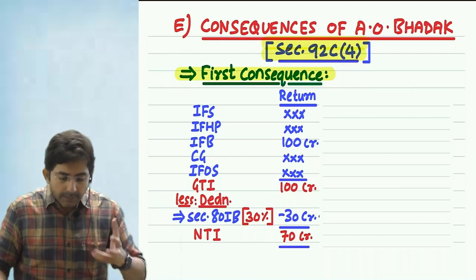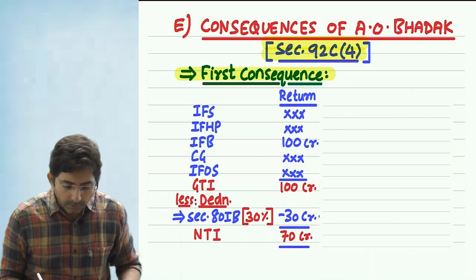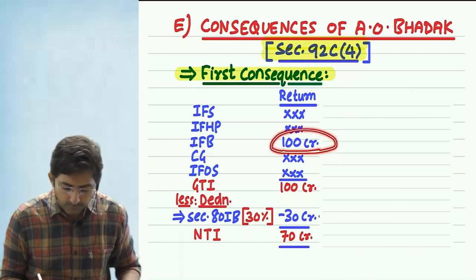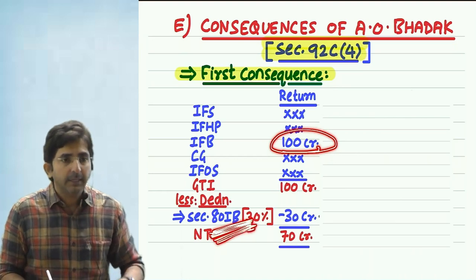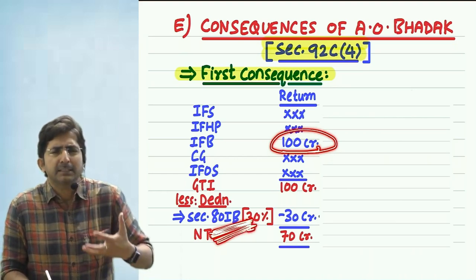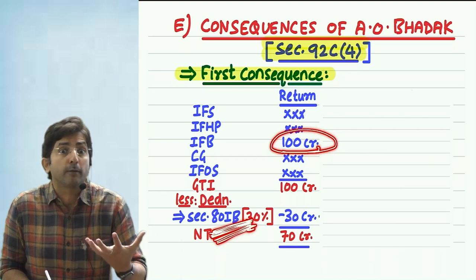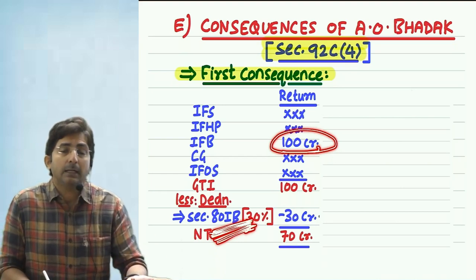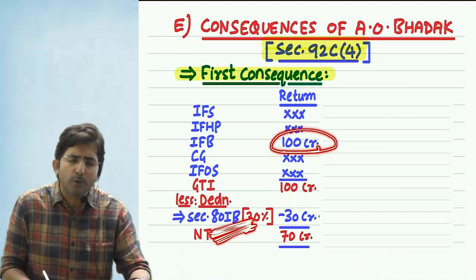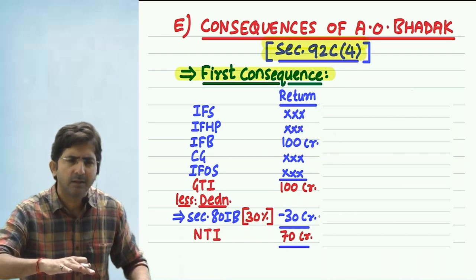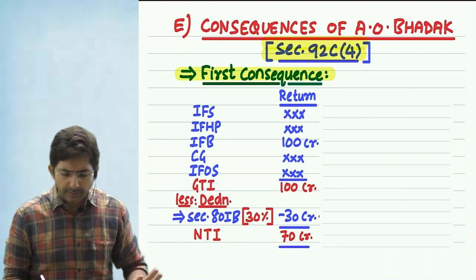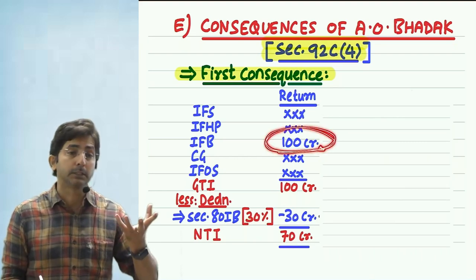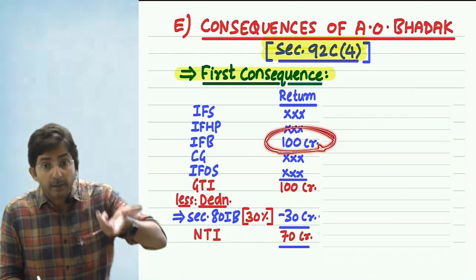See, let us assume in my example assessee's profit was 100 crores and he is eligible for deduction under section 80IB. Maybe he is carrying on some business which is important for the country. Exactly what business I cannot say right now, because I have not explained in detail what is 80IB. But whatever, it is for sure that assessee might be carrying on some business which is important for the country.